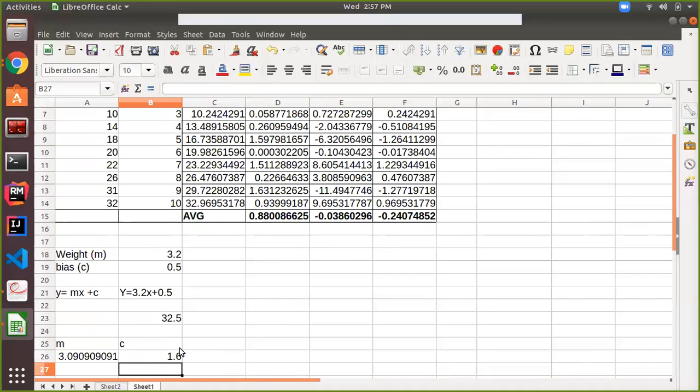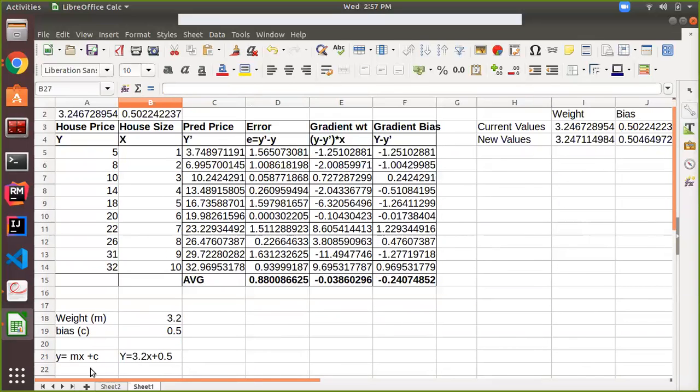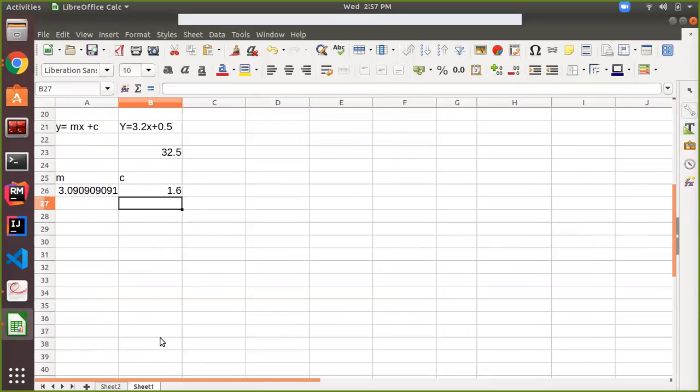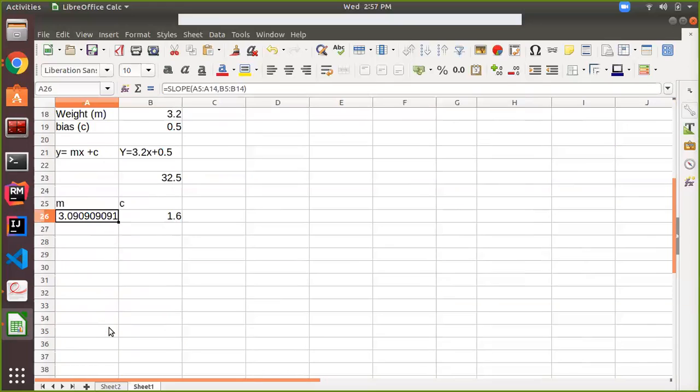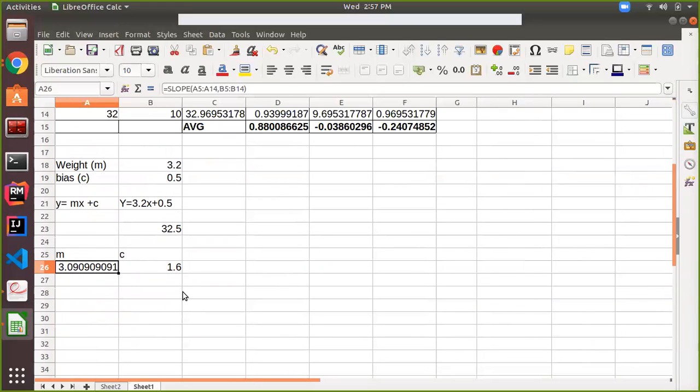So now here you can see that if you calculate using this function, there is a slight difference, because they have done more iterations in the formula, but I have done only a few iterations. So here you get 3.09 as slope, 1.6. So you can make your equation using this as well. I am rounding the slope to 3.1, so 3.1 into x plus value of c is 1.6, okay.